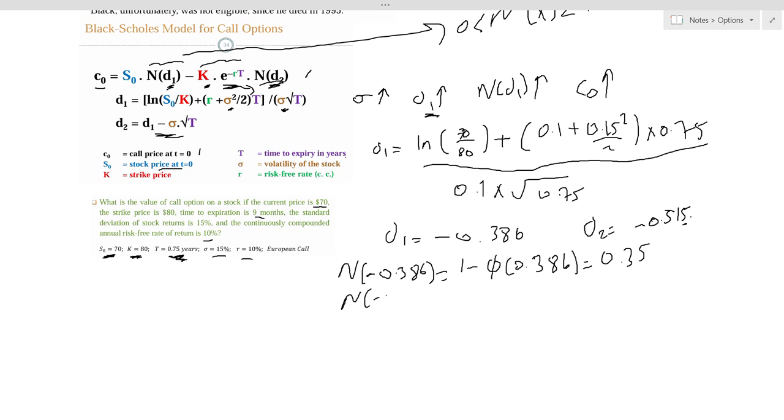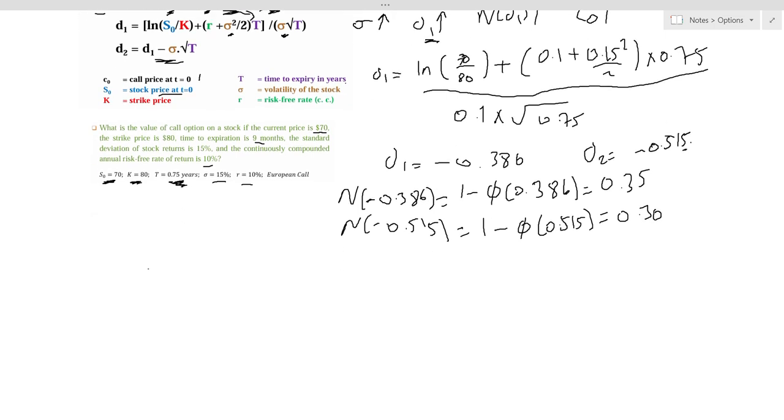And N of minus 0.515 will be equal to 1 minus the value for 0.515, and it will be 0.30. So we have calculated what we need.